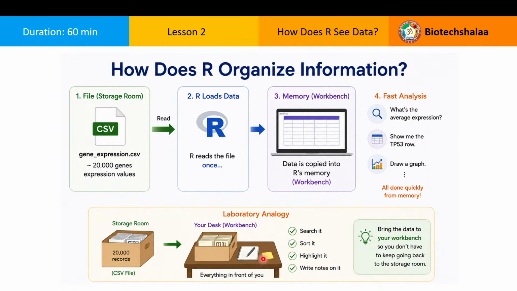Your computer's memory is just like R's workbench. Once the data is on the workbench, in the memory, R can work with it very quickly. This is why R does not repeatedly open the file from your disk. It loads it once and then works with the copy in memory.